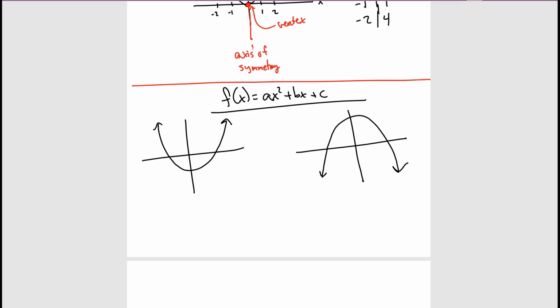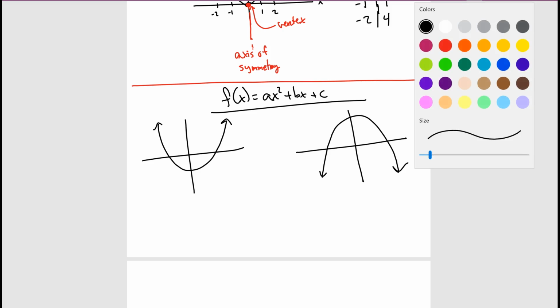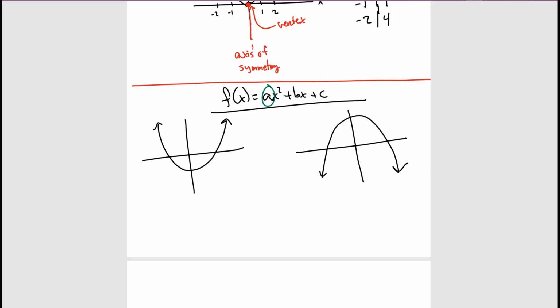Now, how do I know if it goes upward or downward? Well, it all depends on the value of a. So depending on whatever this a is, if a is a positive number, then you're going to have something that's happy. If a is a negative number, then you're going to get something that's sad. Okay? Here we have our vertex.